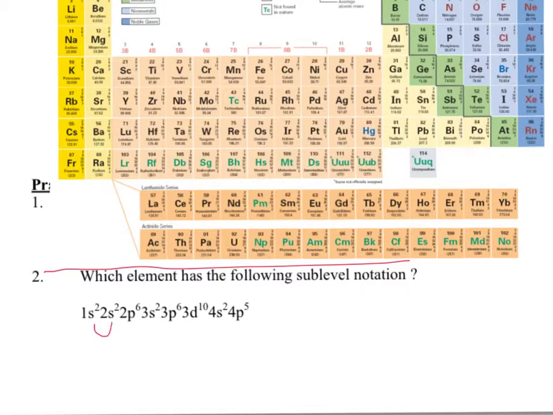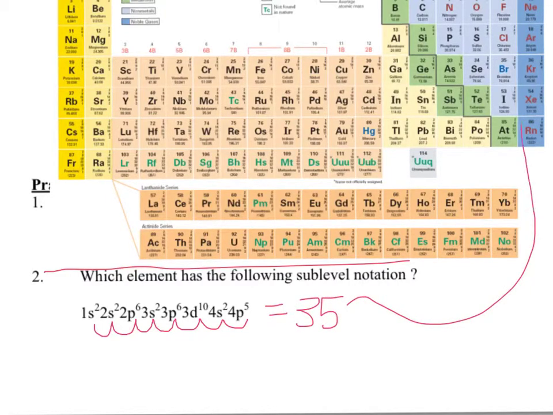So 2 plus 2 is 4, plus 6 is 10, 12, 18, 28, 29, 30, plus 5 is 35. And so then we look on the periodic table, and right here, element number 35 is bromine, and so that would be the answer, bromine.